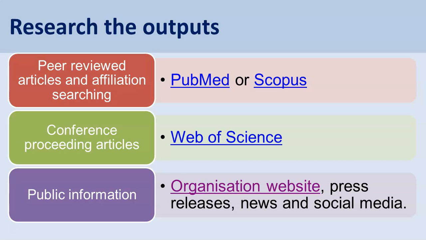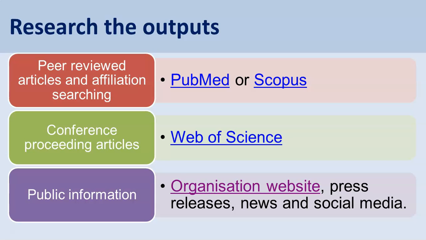You can see where the various authors have done their research, and you can search the various institutions that those authors come from. You'll find conference proceeding articles in Web of Science, for example, and then another useful thing to do would be to have a look at the organisation's website for press releases, news and so on, and for public information.